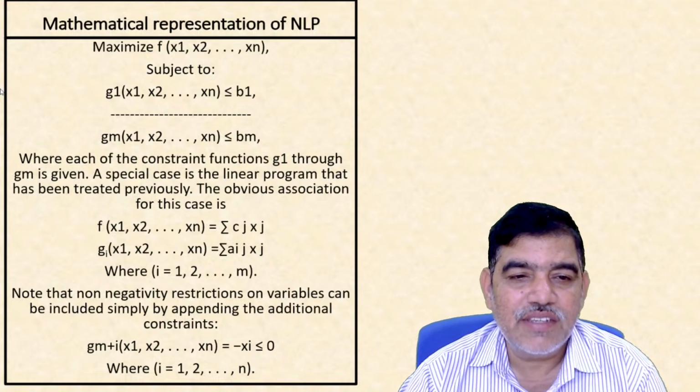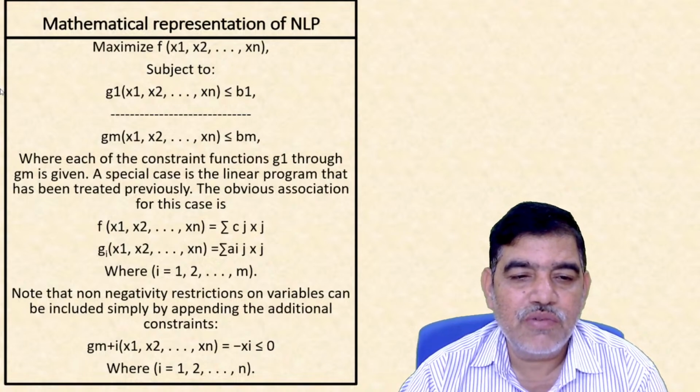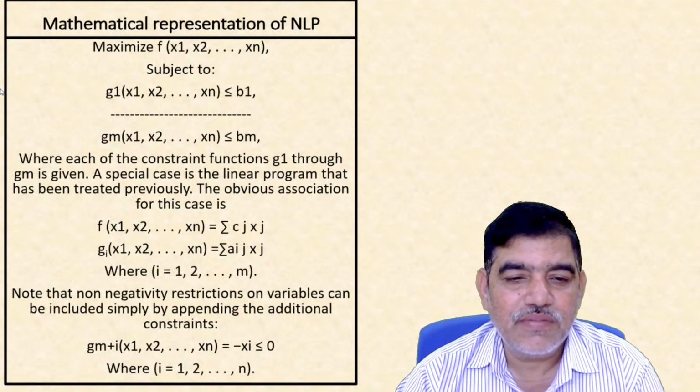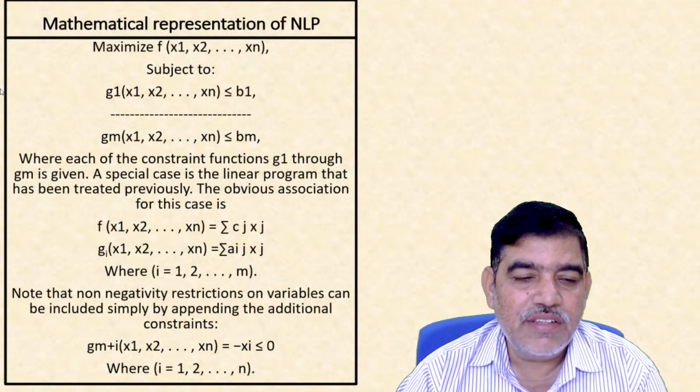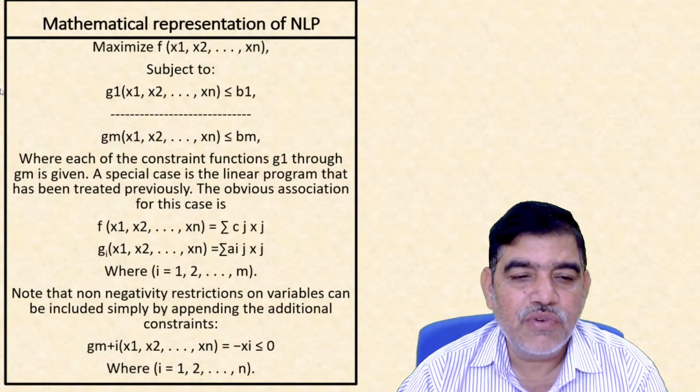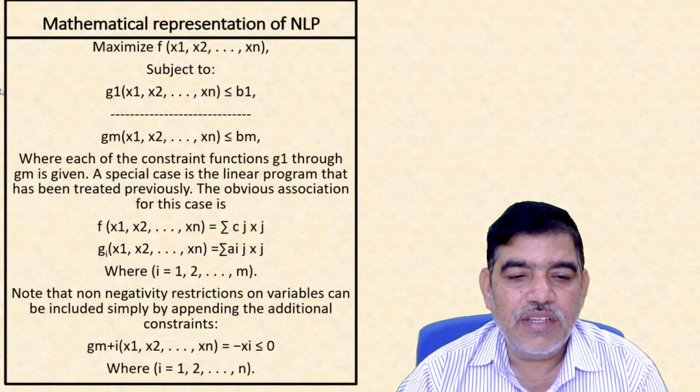A special case is the linear program that has been treated previously. The obvious occasion for this case is f of x1, x2 up to xn equal to, we can write in this way, the summation j equal to 1 to n, cj xj, and gi of x1, x2 up to xn equal to the summation aij into xj, where i equal to 1 to m.